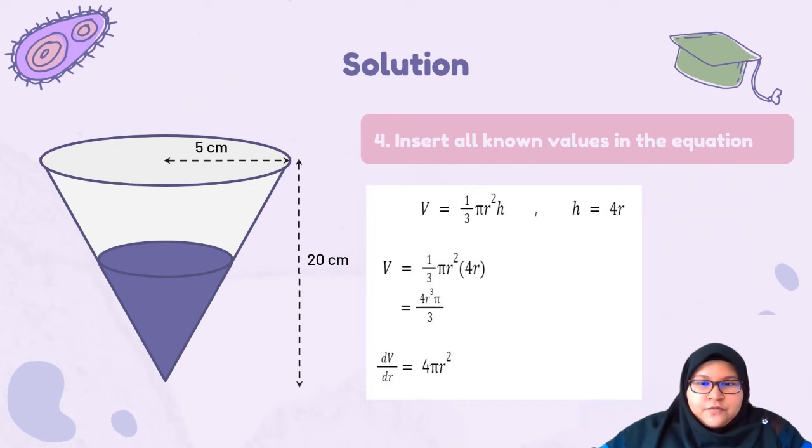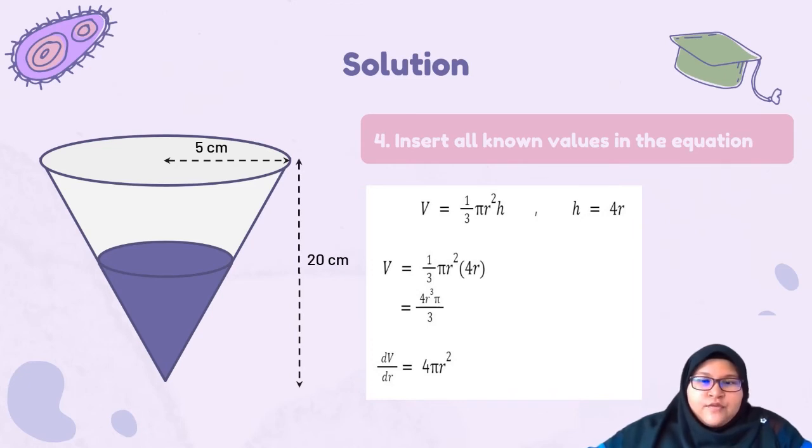The fourth step is we have to insert all known values in the equation. Now we have two equations. The first equation is the volume of the cone, and the second equation is h equals 4r. Next, we substitute the h value from the second equation into the cone equation, which is V equals 1 over 3 pi r squared times (4r), which is the value of h.